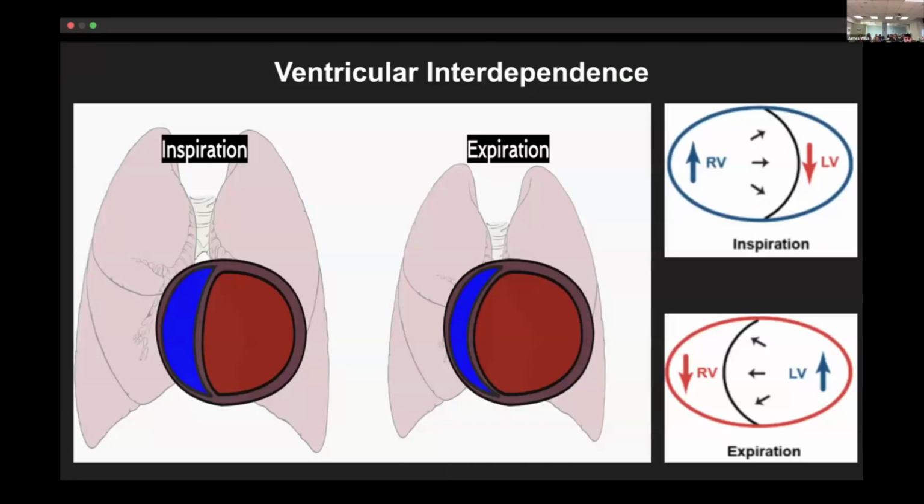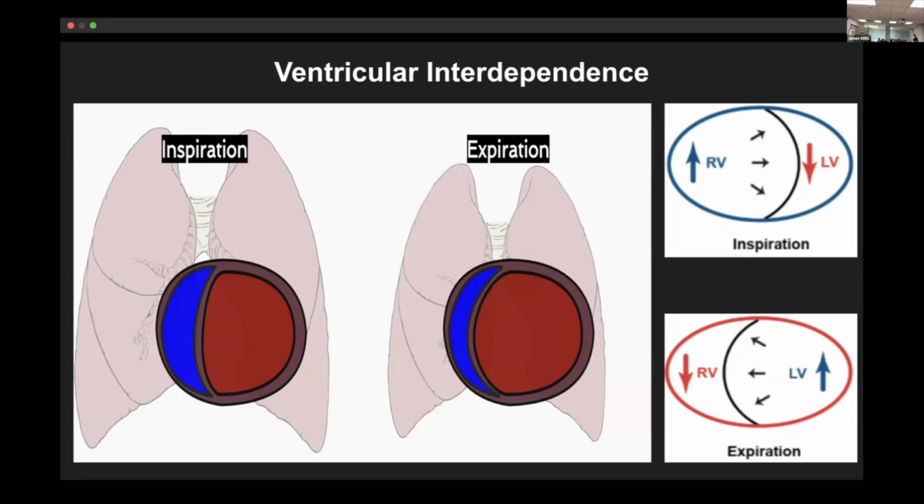The physiologic point to understand is this idea of ventricular interdependence. You have the right side of the heart and the left side of the heart competing for a confined pericardial space. In normal physiology, when you breathe in, you have increased venous return into the right side of the heart, which increases RV pressure, pushes the RV into the LV, and it outcompetes the LV.